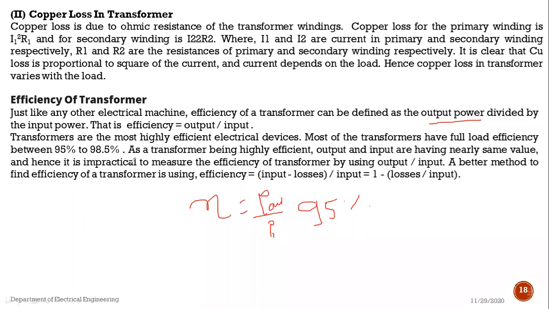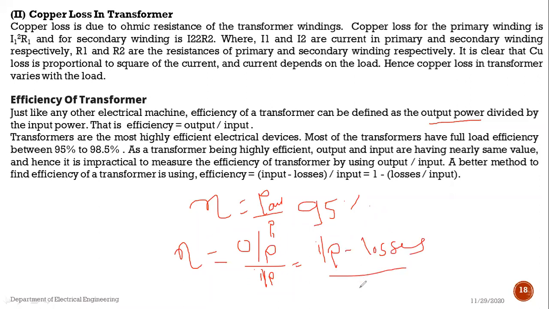So a better method can be used to find the efficiency of the transformer using a formula. Do you know that the efficiency is equal to output divided by input? The output is nothing but input minus losses, divided by input.